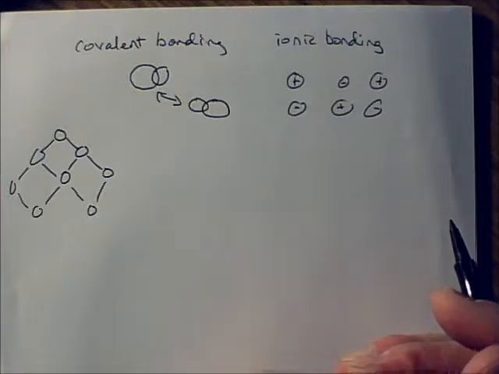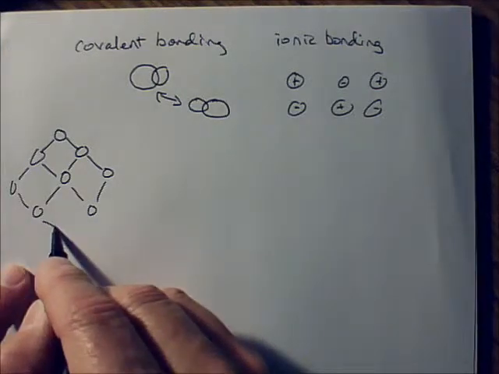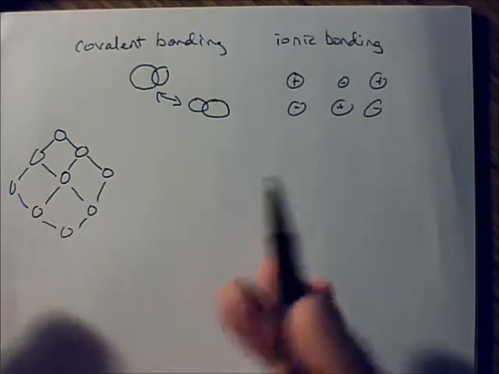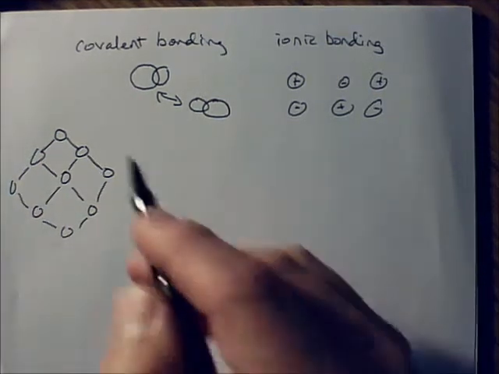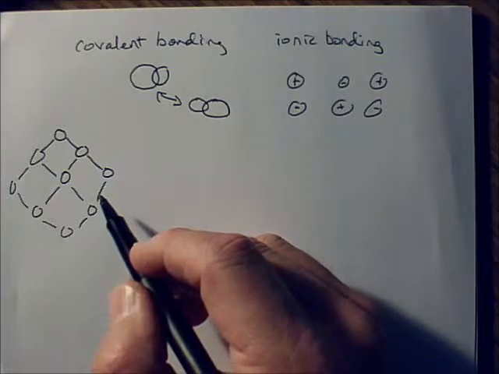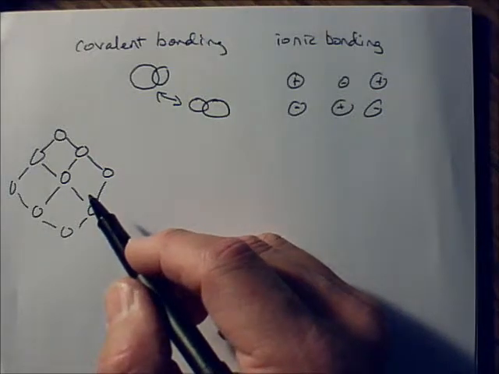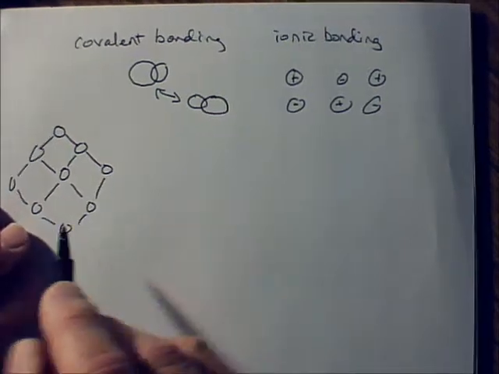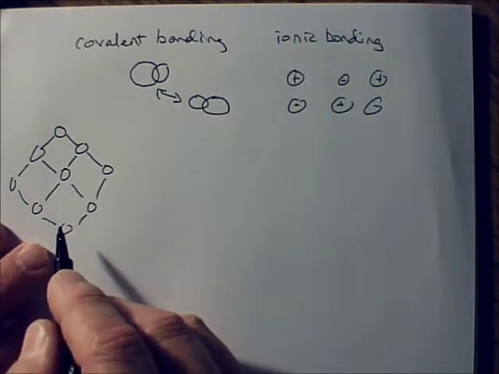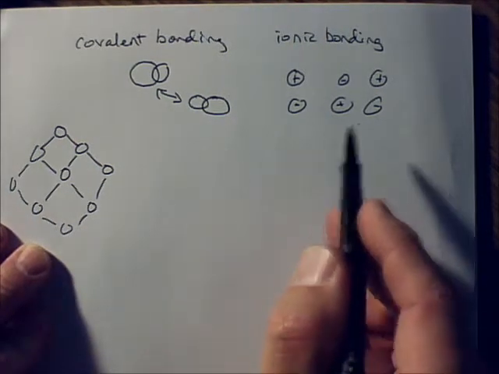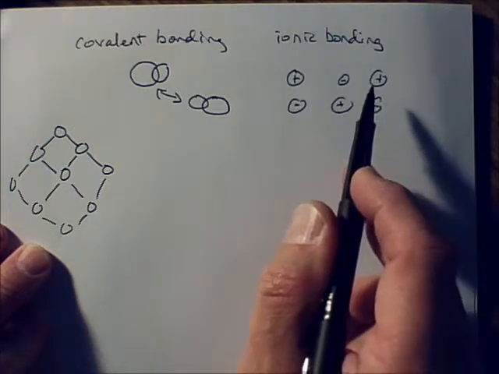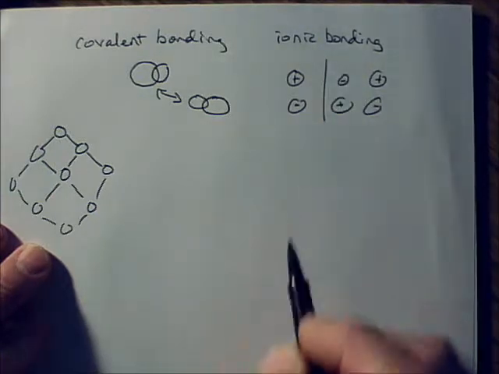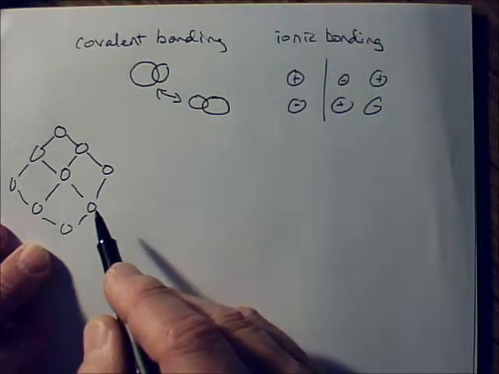So with something like a diamond, you have this interlocking structure that continues on and on, and it will make a very strong chunk. So these crystals, which are all covalent bonds, actually end up on the whole being stronger than these crystals. These can be split a little more easily between the charges than this can.